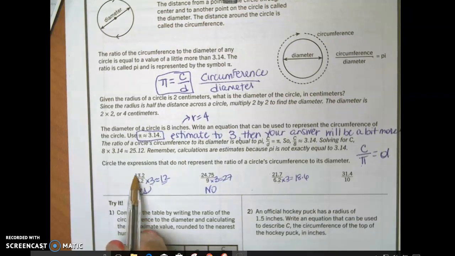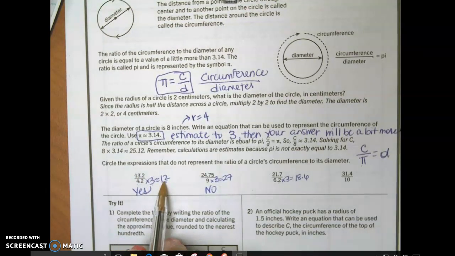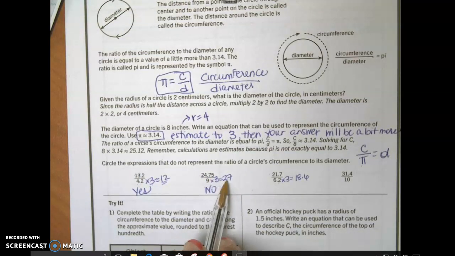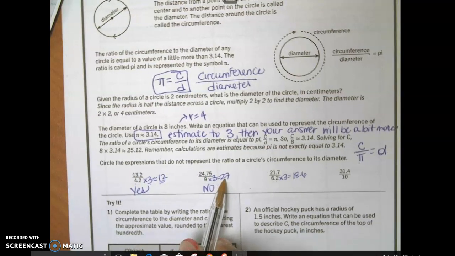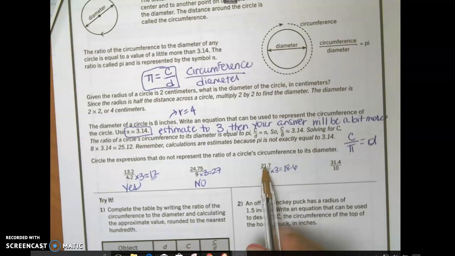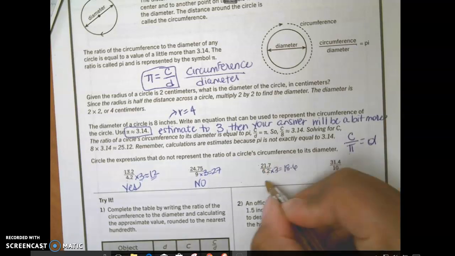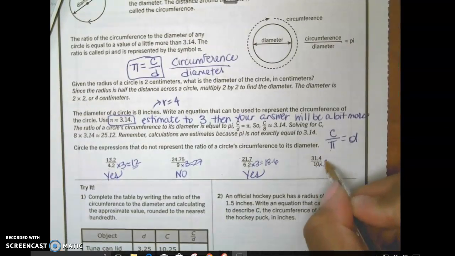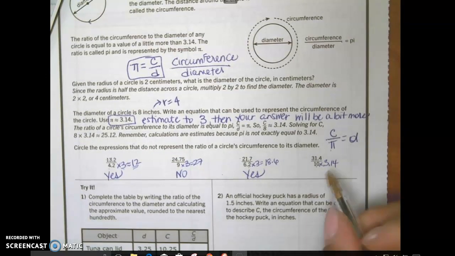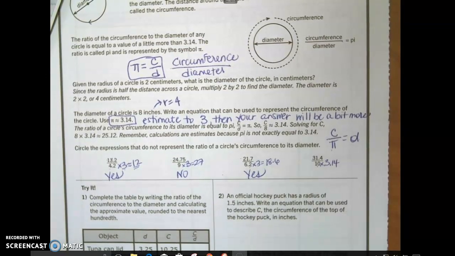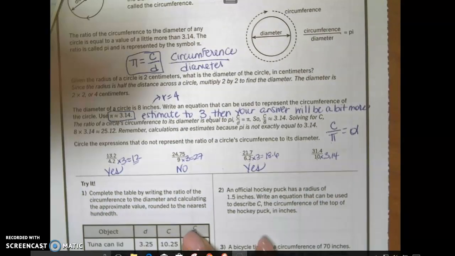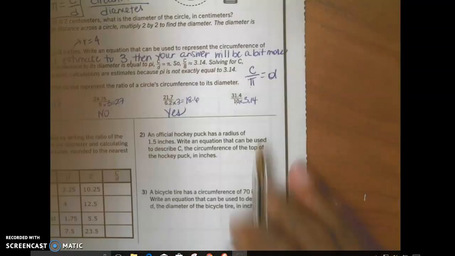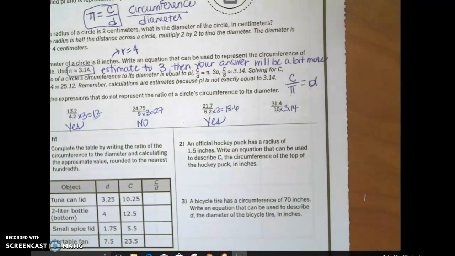So, is this 13.2 a little bit greater than the 12? Yes. Is this 24.75 a little bit greater than the 27? No. Is this 21.7 a little bit greater than the 18.6? Yes. And then this times 3.14. This should be easy because all we're doing is moving a decimal. So is this a relationship that's true? Yes.